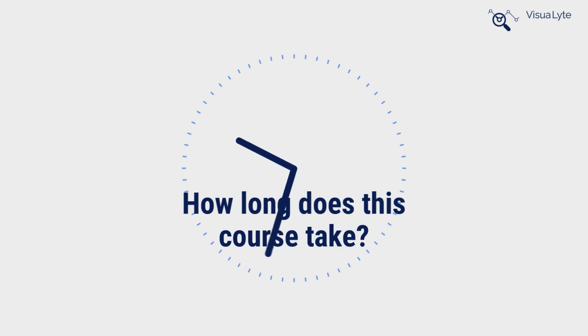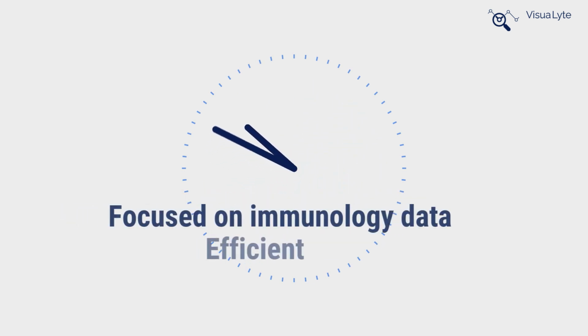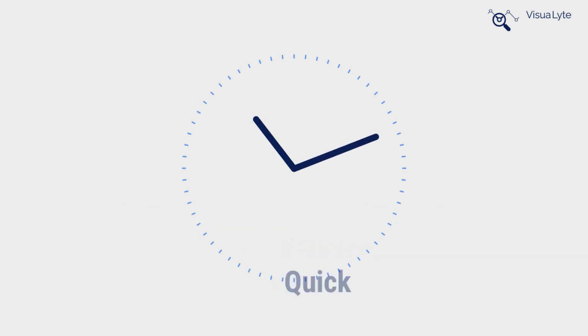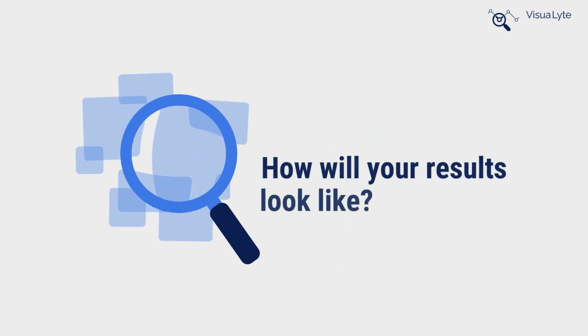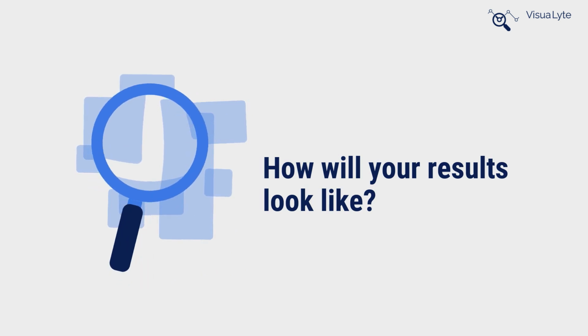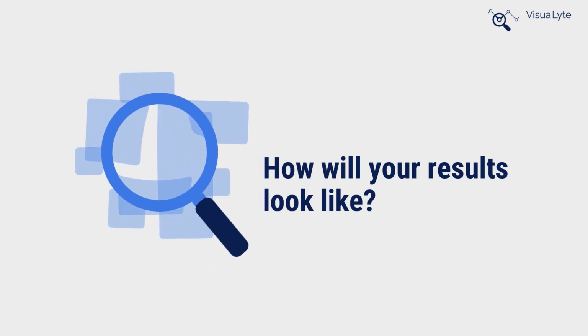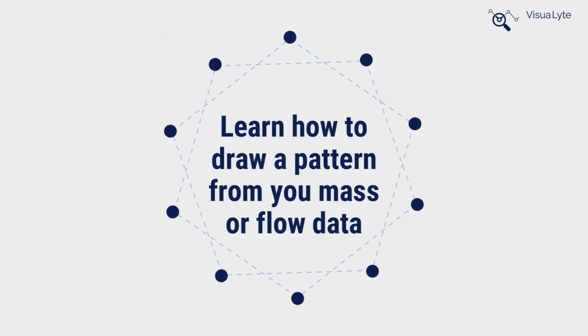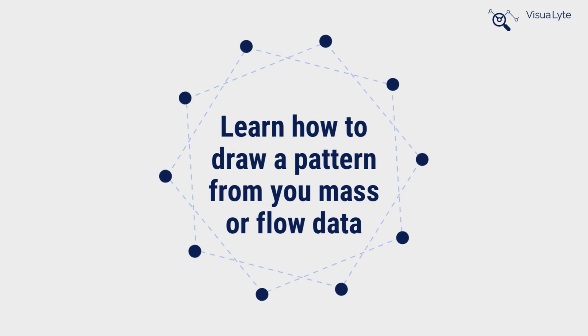Most of our courses are focused on data science. This course is only about flow and mass cytometry data analysis. By focusing only on this purpose, you'll save your time and be more efficient. You'll be able to deliver very customizable results. You'll see how to pre-process your cytometry data so it looks great on any clustering and visualization method.